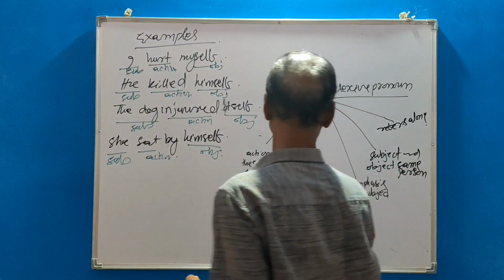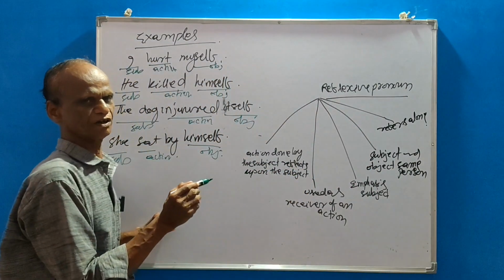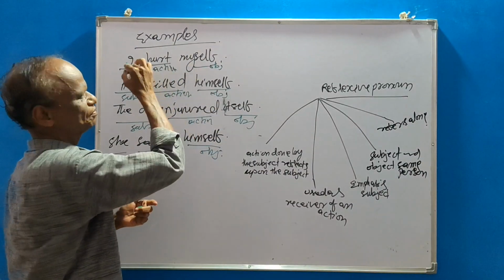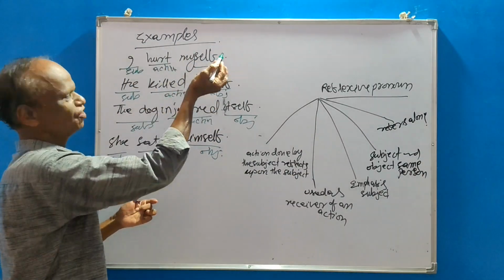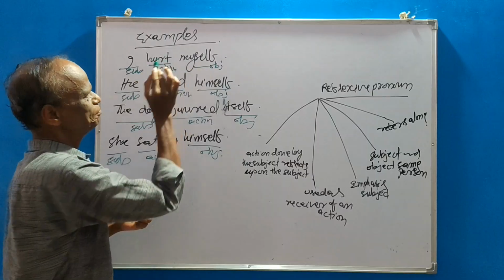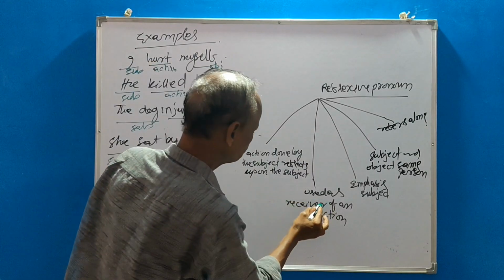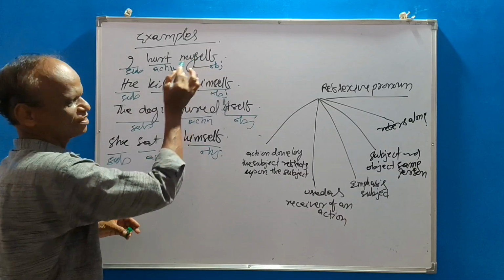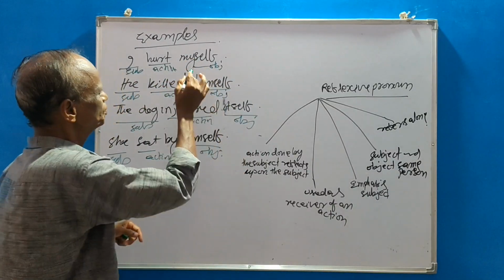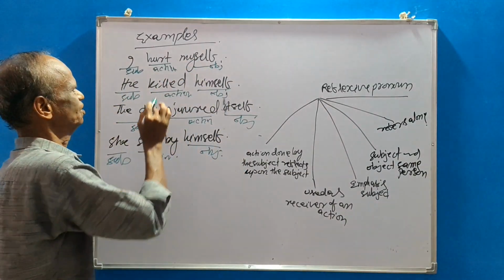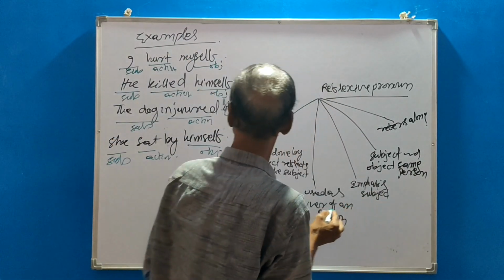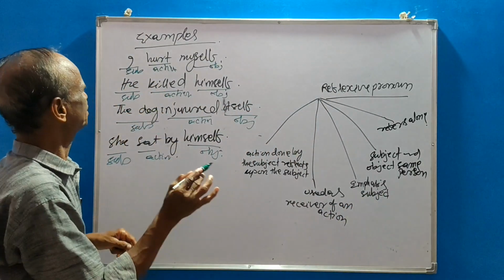So how? Action done by the subject reflects upon the subject or turns back upon the subject. I myself reflects or turns back upon the subject. Then it is used as a receiver of action. Myself, that is reflexive pronoun, receiver of an action. Emphasis on subject: I hurt myself.